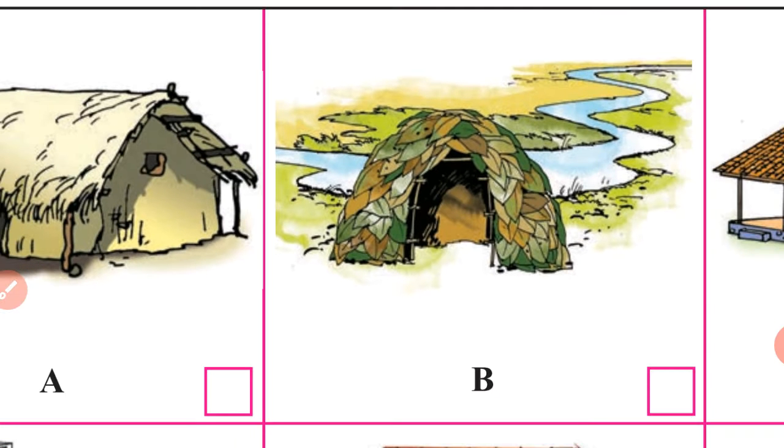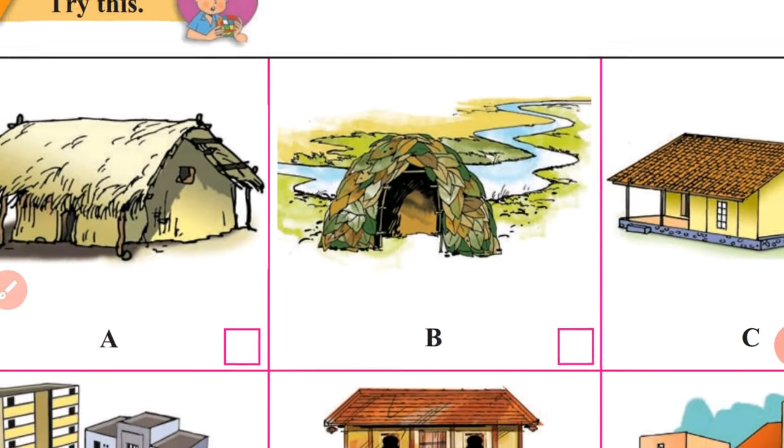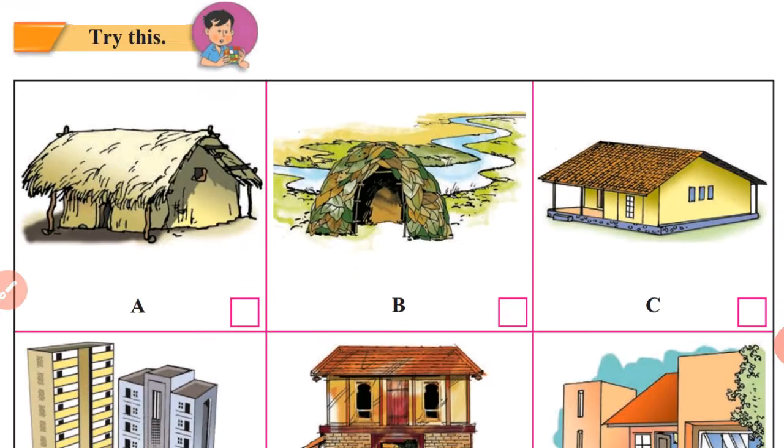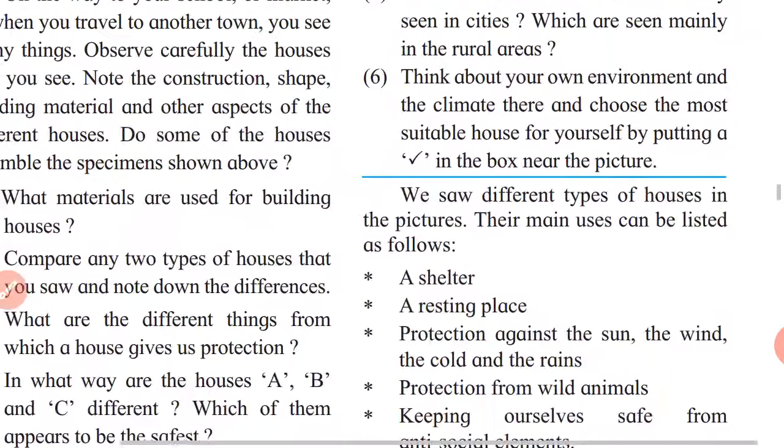In rainy season, the rain slowly comes down from the roof, and A and B houses can soak the rainwater because they are made up of grass and leaves. Understood the difference? Okay, now move to the next point.